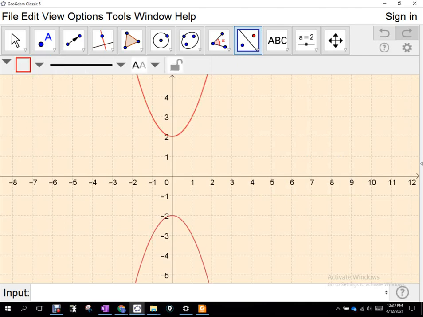This was 0, 2, 0, negative 2, right? 1, 1, 1, 3 goes to 1, negative 3. Okay? Negative 1, 3 goes to negative 1, negative 3. Does that make sense?